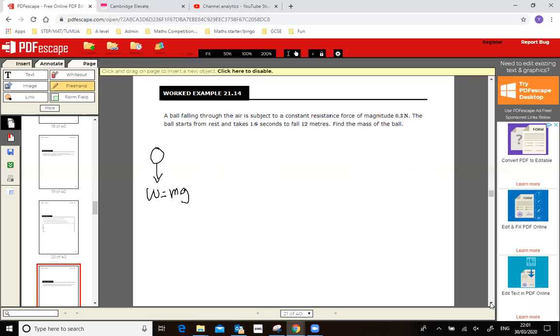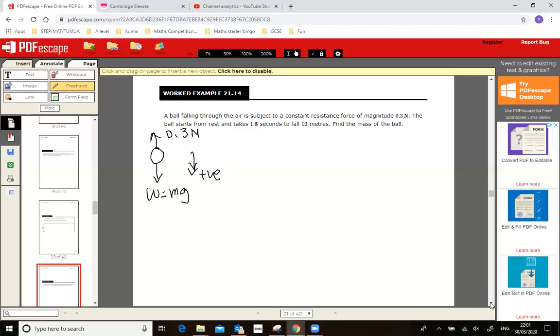And here it says the ball is falling downwards, so let's say downwards is our positive direction. There is an air resistance, so that is 0.3 newtons acting upwards, because the air resistance always goes in the opposite direction to the motion.